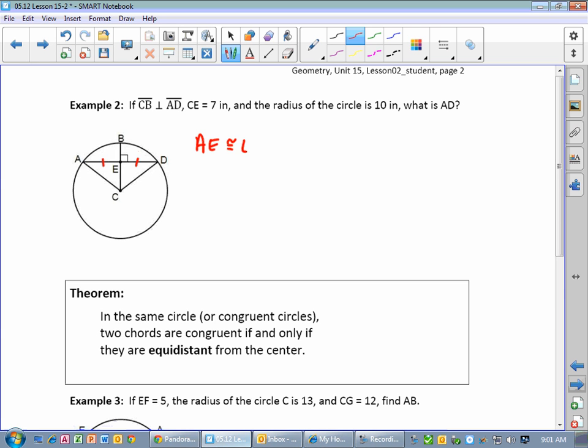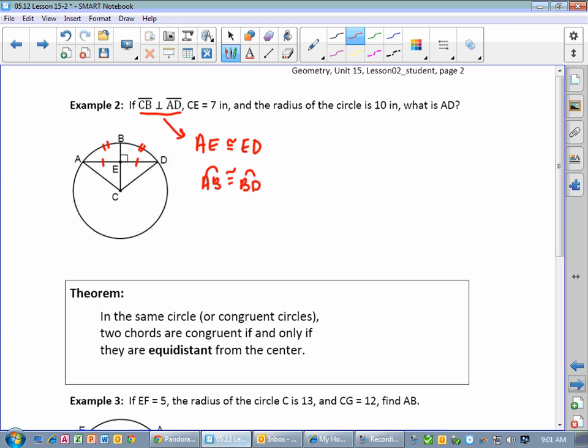AE is congruent to ED. And these arcs must be congruent. So I'll say arc AB is congruent to arc BD. So that initial statement tells us those two things.